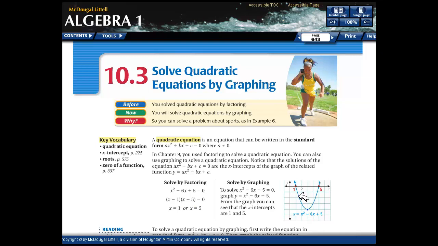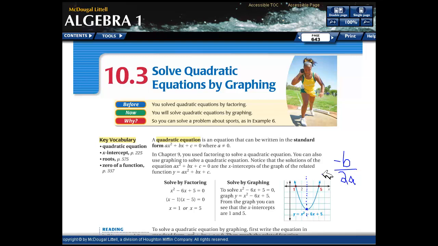Or would you rather find the axis of symmetry using this, and once you get your axis of symmetry, which for this one would be 3, and then plug that back into the original and get your y value to find your vertex, and then plot your points this way.